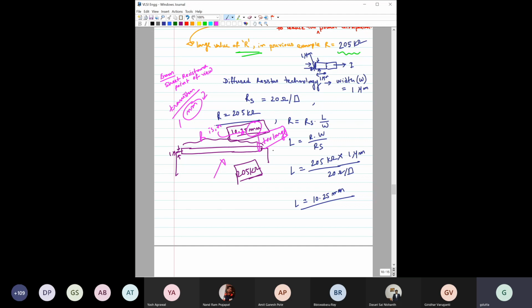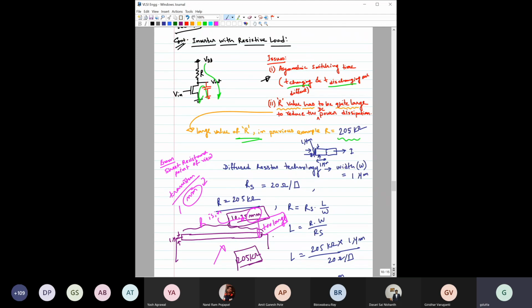So we have to find some technique by which we should be able to replace this R. We will see in the next example that there is a way this R can be replaced by a MOSFET as well.